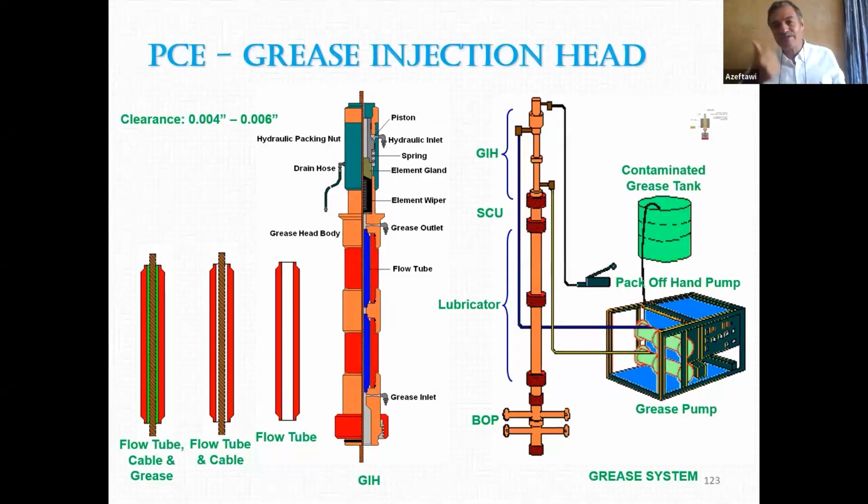In the stuffing box, when you were pulling out of the hole and you didn't notice that you lost your tools, we have a safety device in the stuffing box itself, which is the plunger. But in the grease injection head, we don't have this safety device.